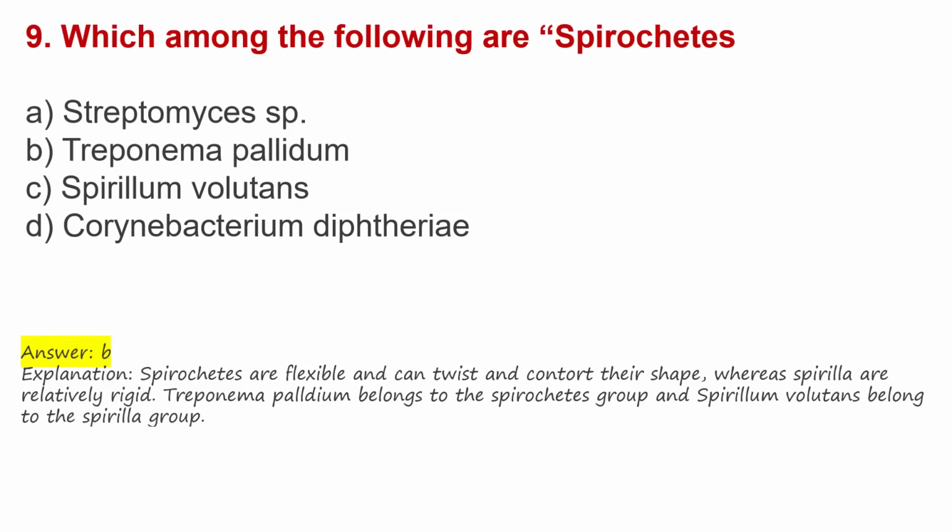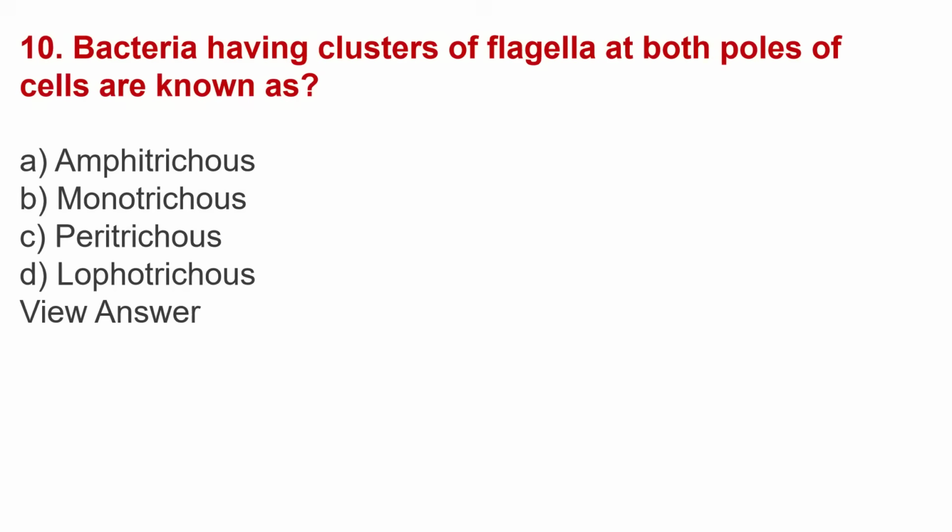So Treponema pallidum belongs to the spirochete group, and Spirillum volutans belongs to the spirilla group. I advise you to go and watch my video on the different bacterial shapes and sizes.